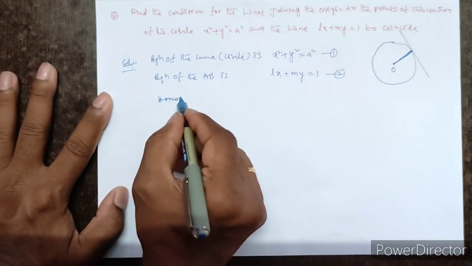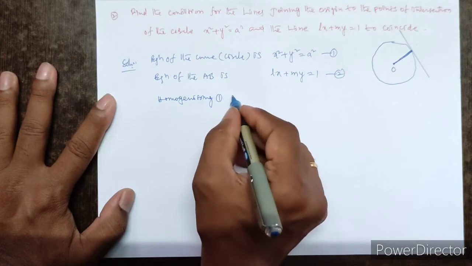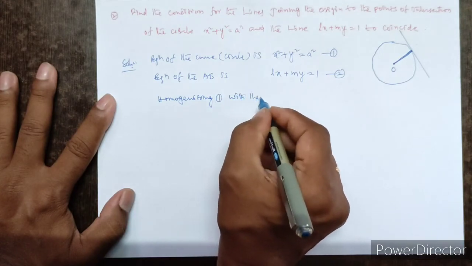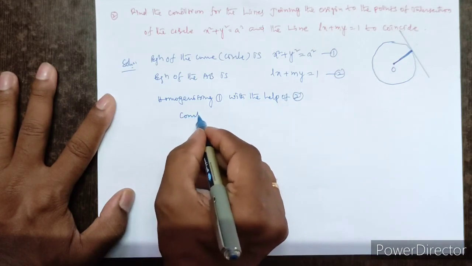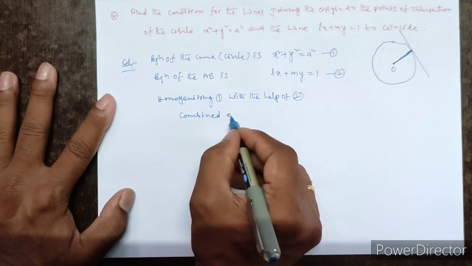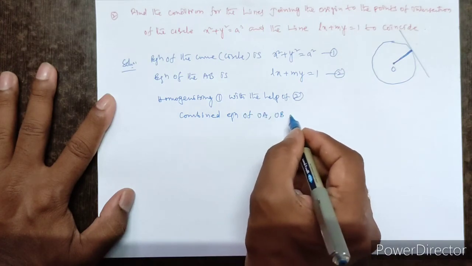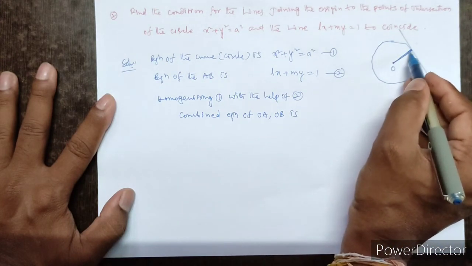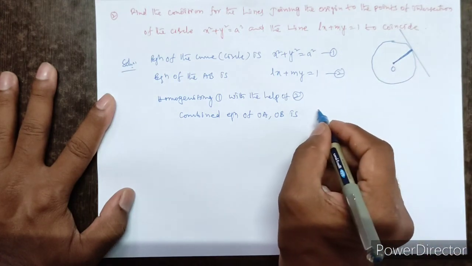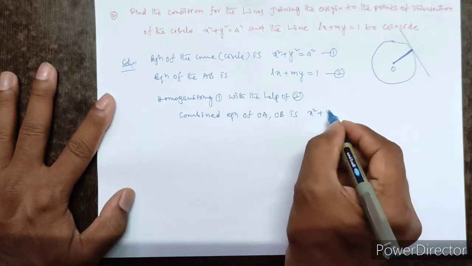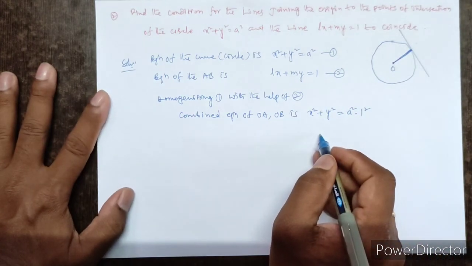Homogenizing 1 with the help of 2, the combined equation of OA and OB is, see, OA and OB coincide, that's why I have shown it like this: x square plus y square equal to a square into 1 square, a constant multiplied with 1 square.